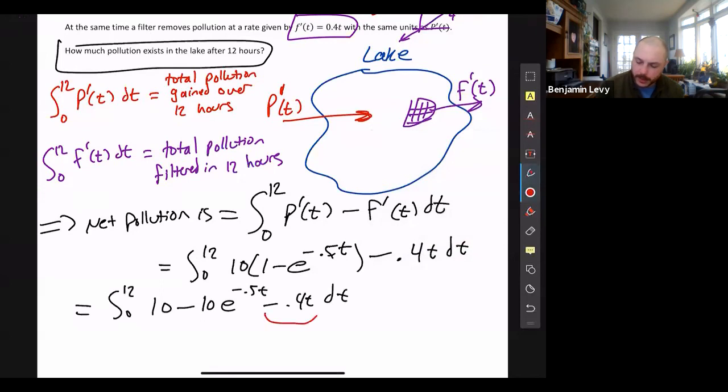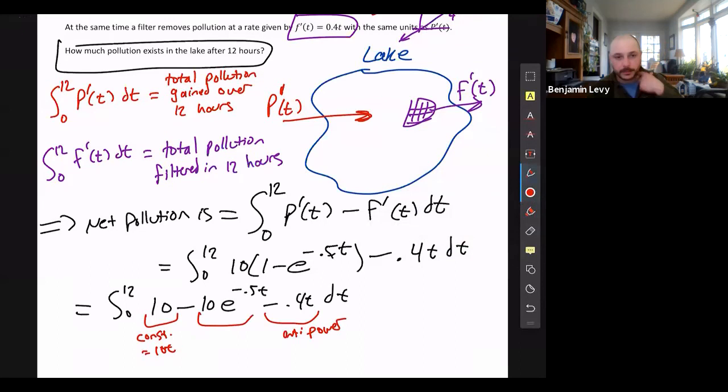So this one's not too bad. That's just the anti-power rule. This one's just a constant rule, so that's just going to be 10T. How do we do the E part? Because it's not just a normal E, it's E raised to a function.